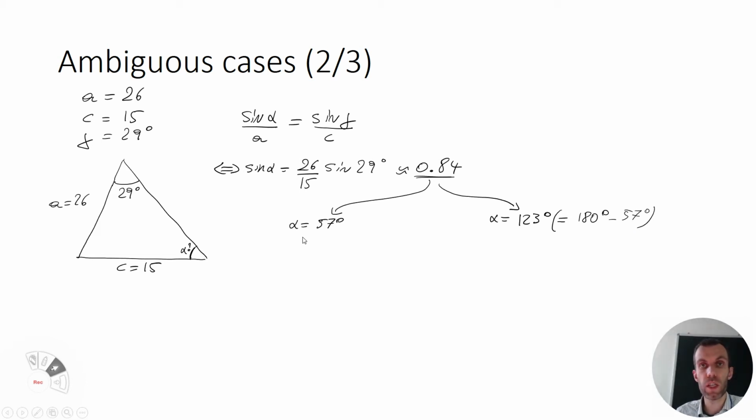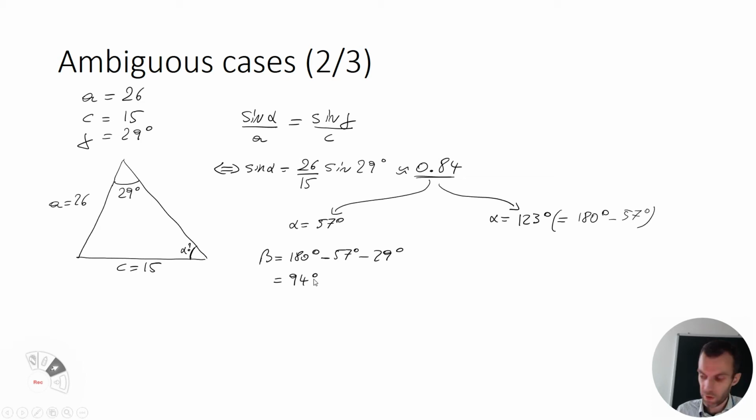Let's try to see if one of them is unphysical, or maybe both of them are unphysical. So let's calculate, in this case, the remaining angle beta. It's again 180 degrees minus 57 degrees minus 29 degrees. And that gives us 94 degrees for beta.